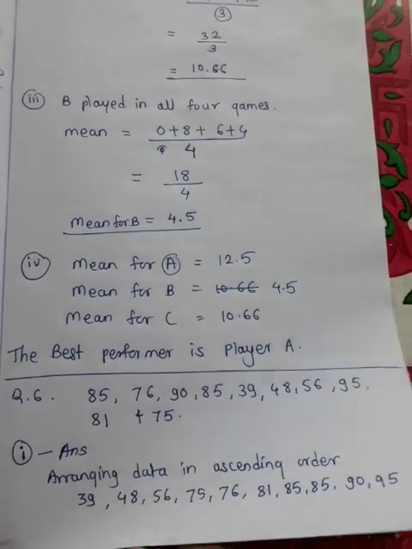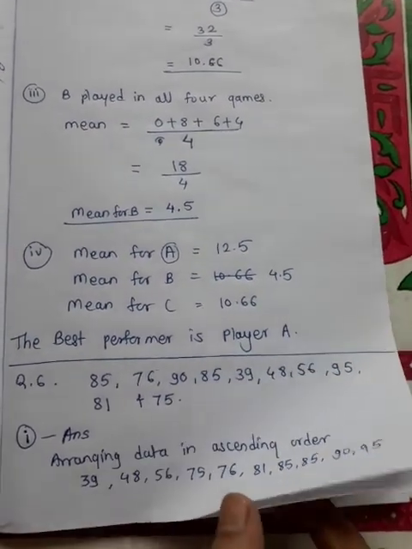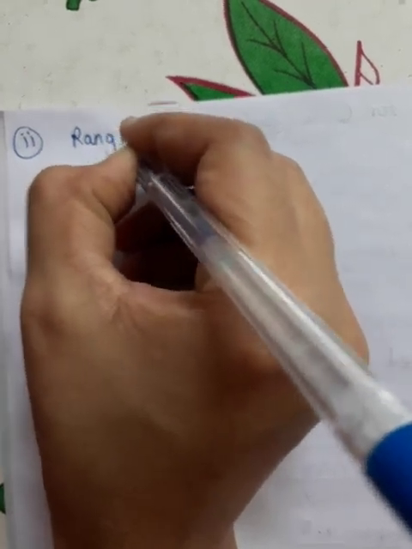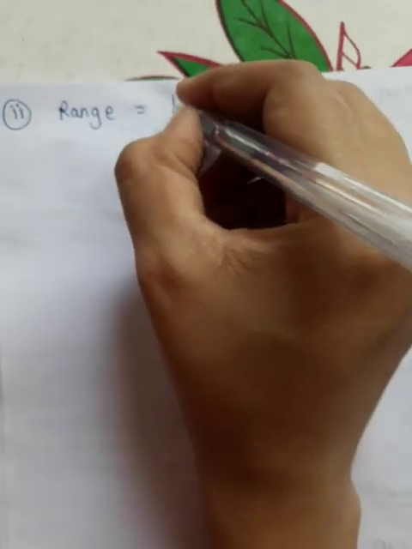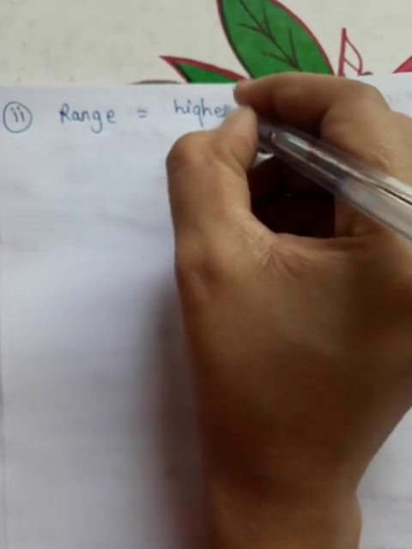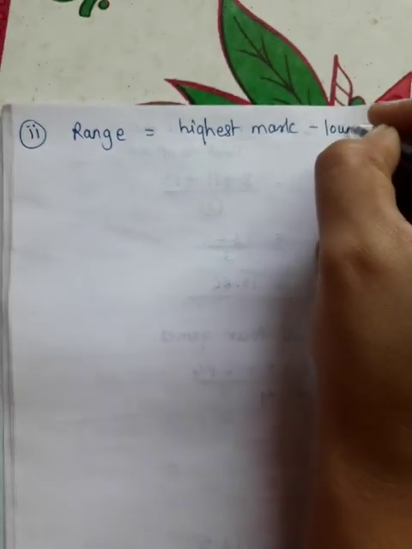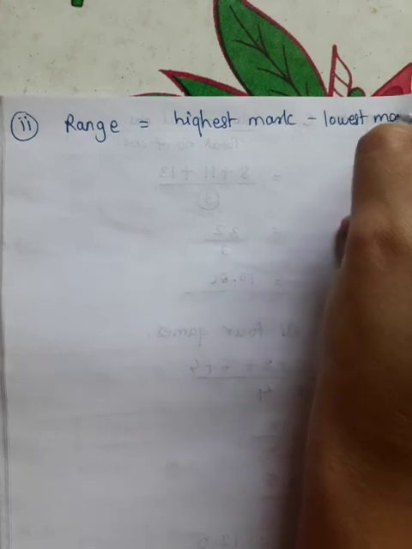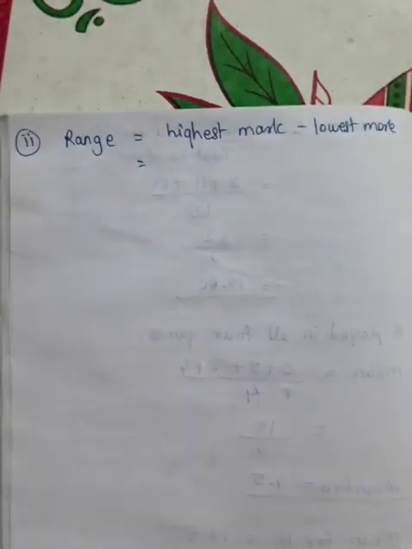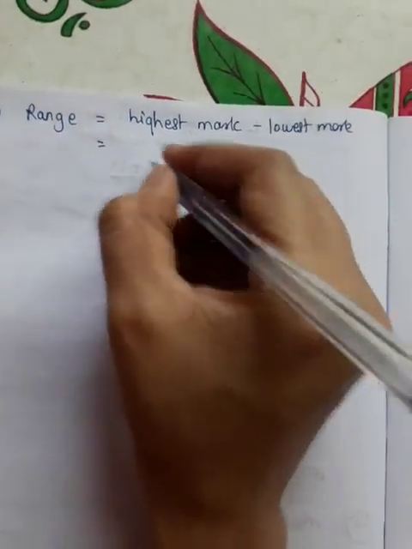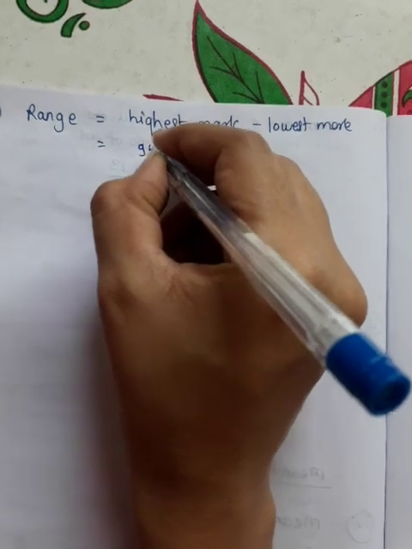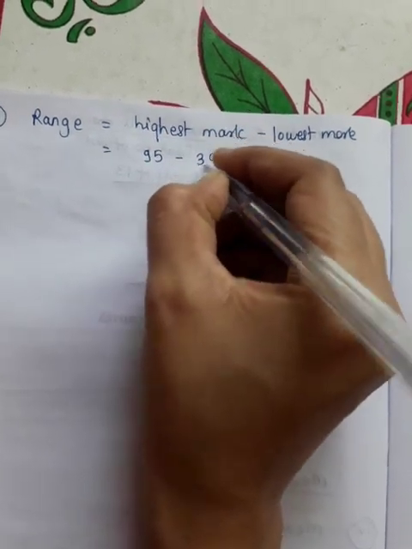Now sub question 2 is the range of the marks obtained. So how do we find the range? Range is the highest mark minus the lowest mark. The highest mark is 95 and the lowest mark is 39.